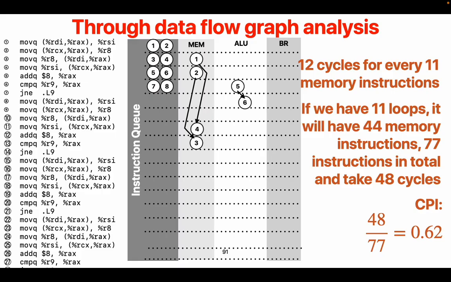And now for instructions 7 and 8, how about 7? Who is it depending on? 6, right? So right here. Now, how about instruction 8? Because it's only depending on instruction 5, and in the next cycle the memory unit is also free, I can execute 8.